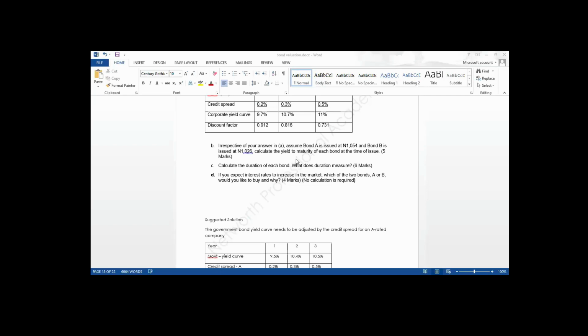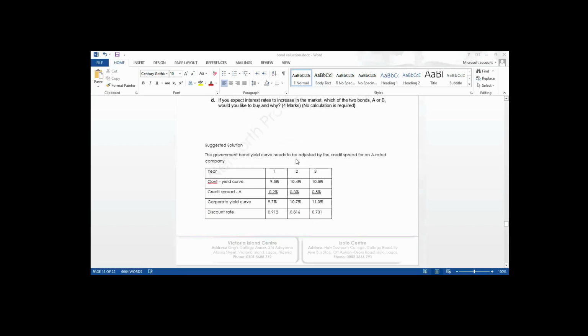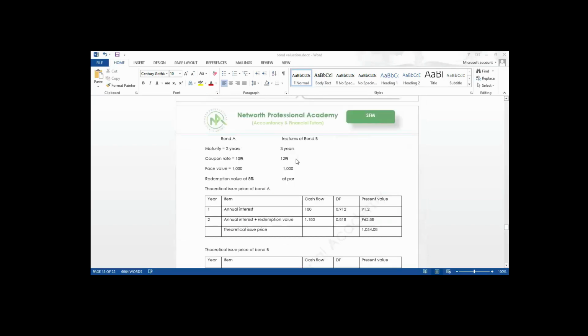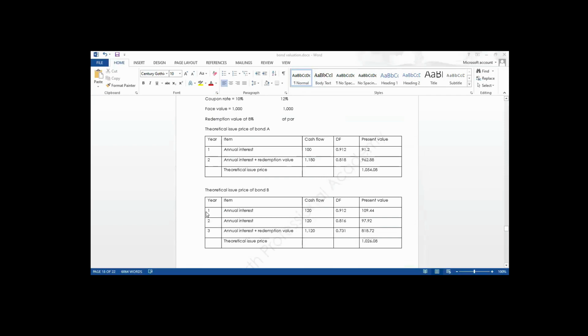So for bond B, also for bond A, you are going to take the cash flows. Now you are going to start from year 0. If you look at the computation we have here, we started from year 1. But if you are doing yield to maturity, you are going to introduce year 0 now.